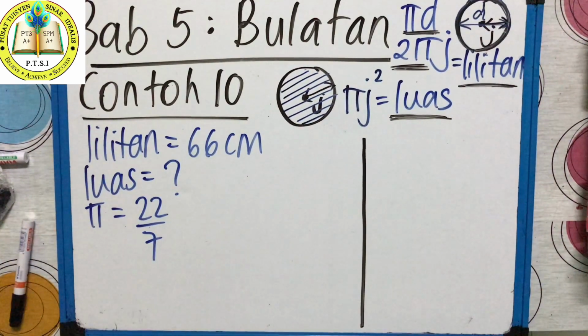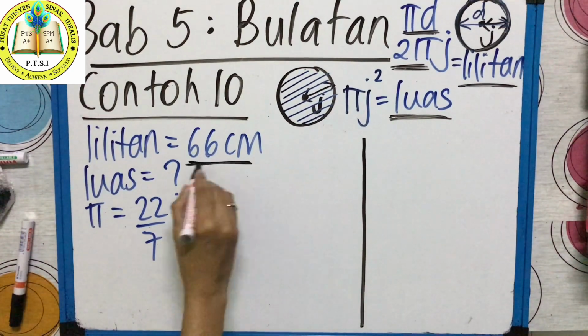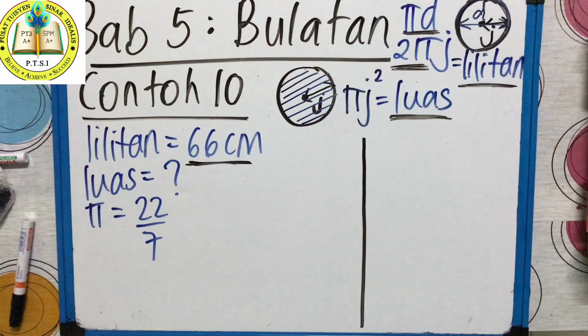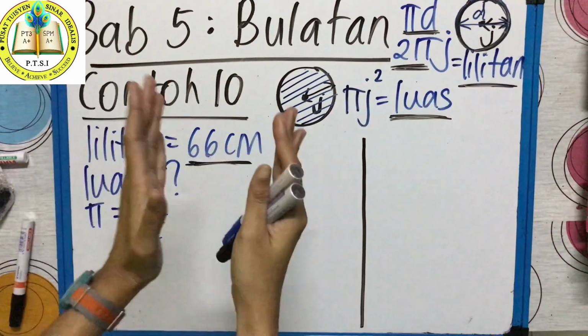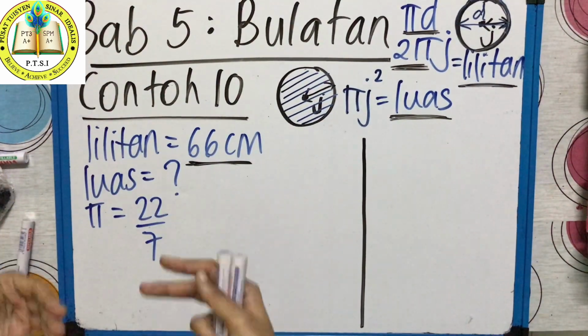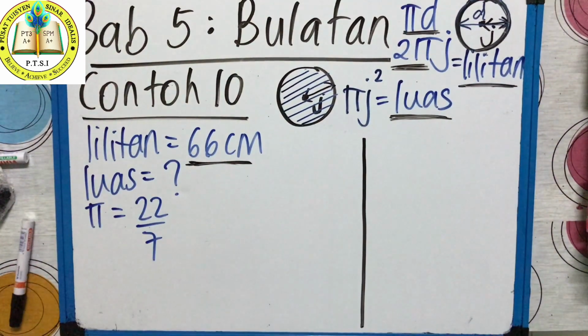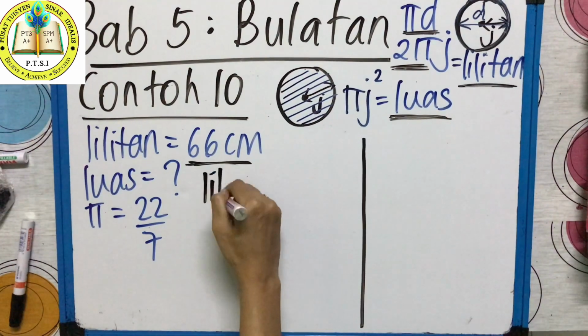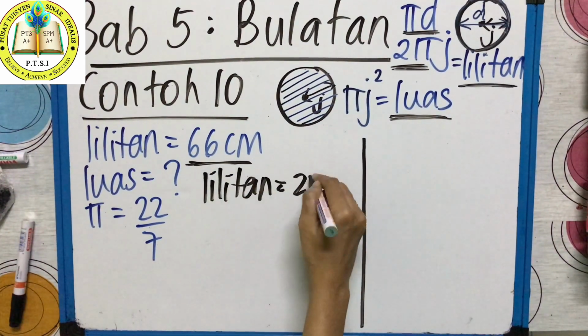So if they give you only lilitan, you start with the lilitan formula, sebab soalan minta luas. They didn't give any other information. They only give lilitan 66. So you must use the lilitan formula. What is the lilitan formula? Teacher writes here. Lilitan equal to 2 pi j.